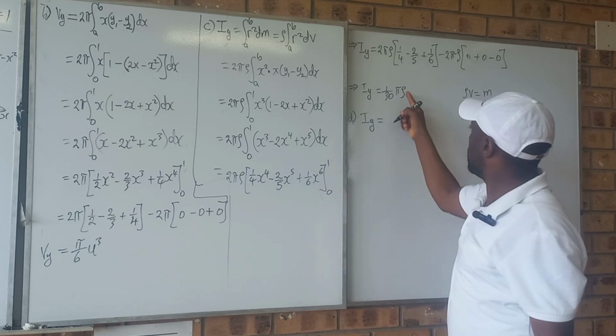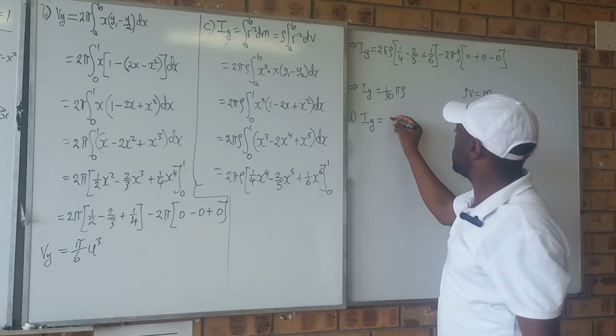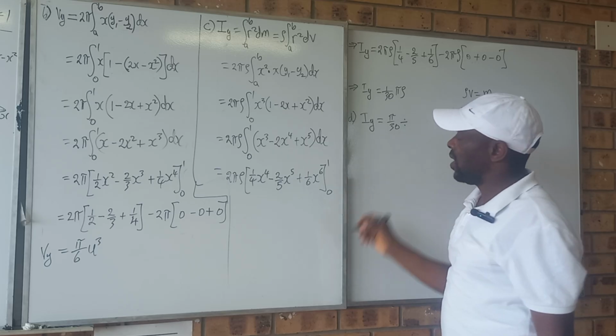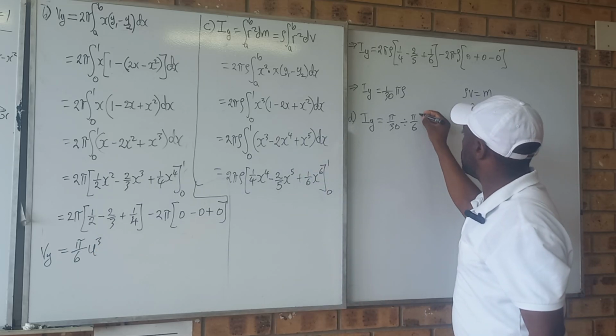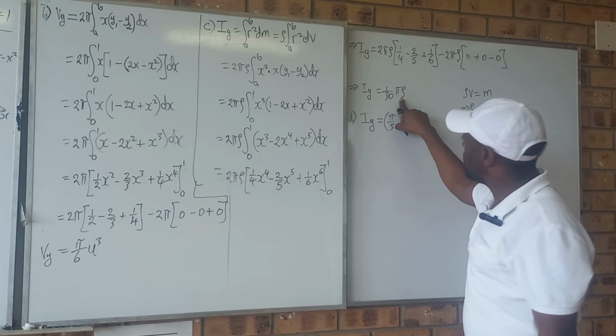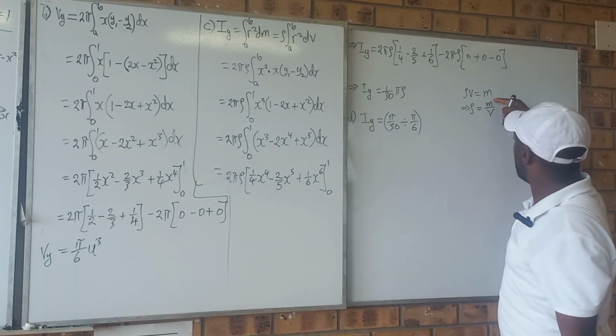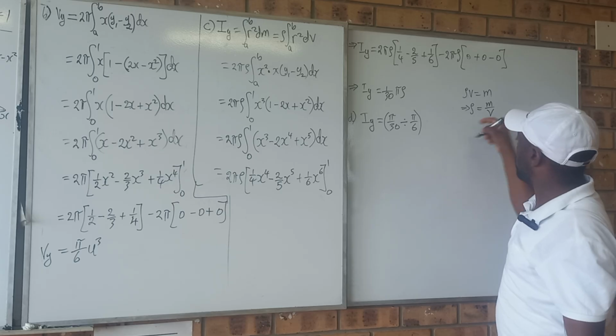So I will take my answer for moment of inertia, which is pi over 30, and divide by my answer for the volume. My volume was pi over 6, but you see that in my division, I don't include density because I must have replaced density by mass over volume.